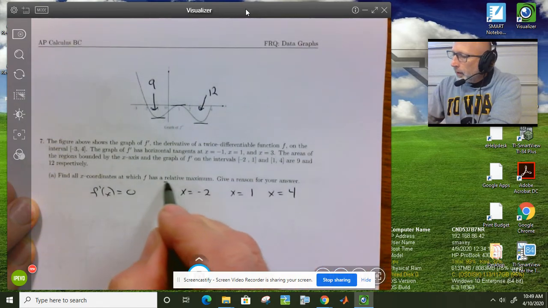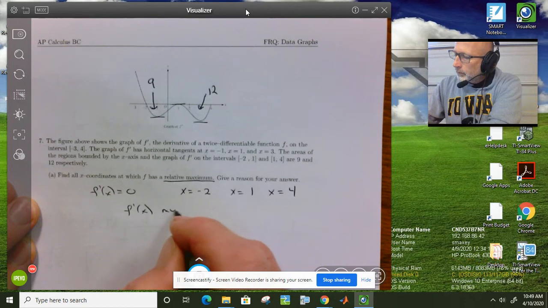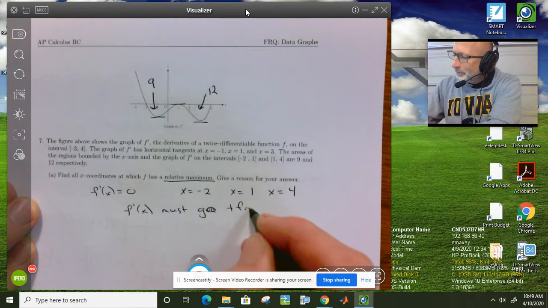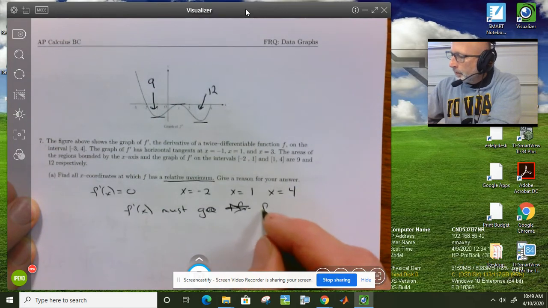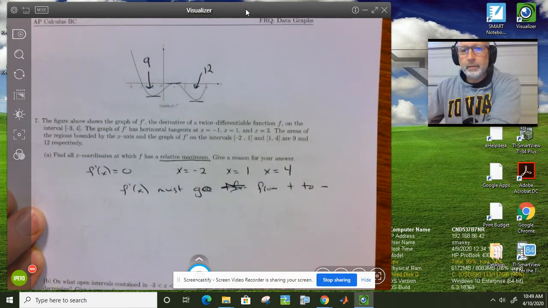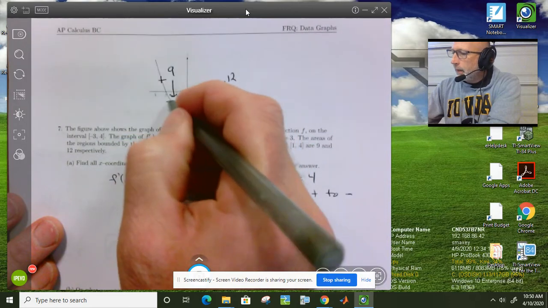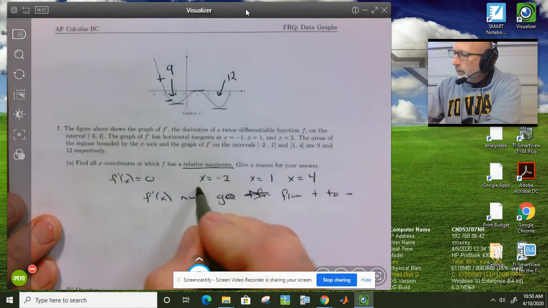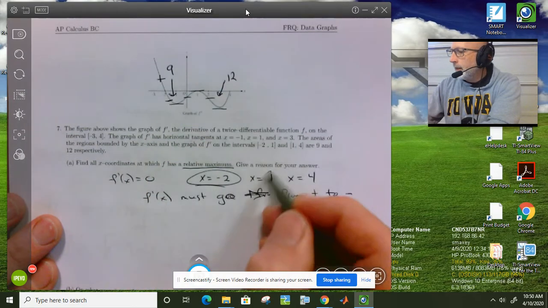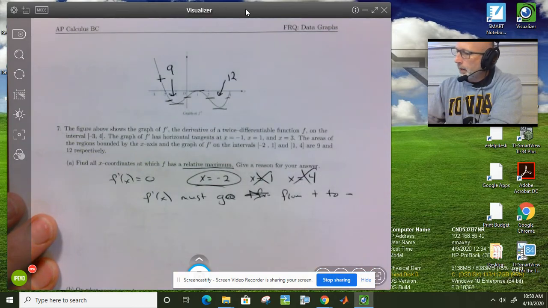But in order for it to be a relative maximum, f prime of x must go from positive to negative there. So take a look, the derivative is going to go from positive to negative there, so that is a relative max. There's a relative max at x equal to -2. This is going to go from negative to negative, so that's not one. And this goes from negative to nothing, so that isn't one, okay?